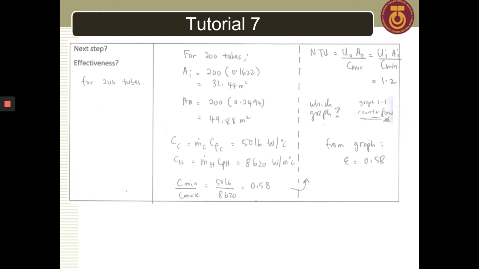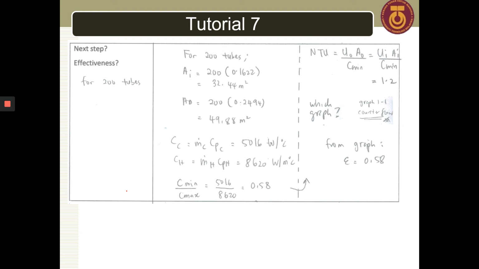Okay. Now you want to calculate for effectiveness. Okay, as I mentioned, effectiveness will be increased. This is already expected because you have higher surface area.